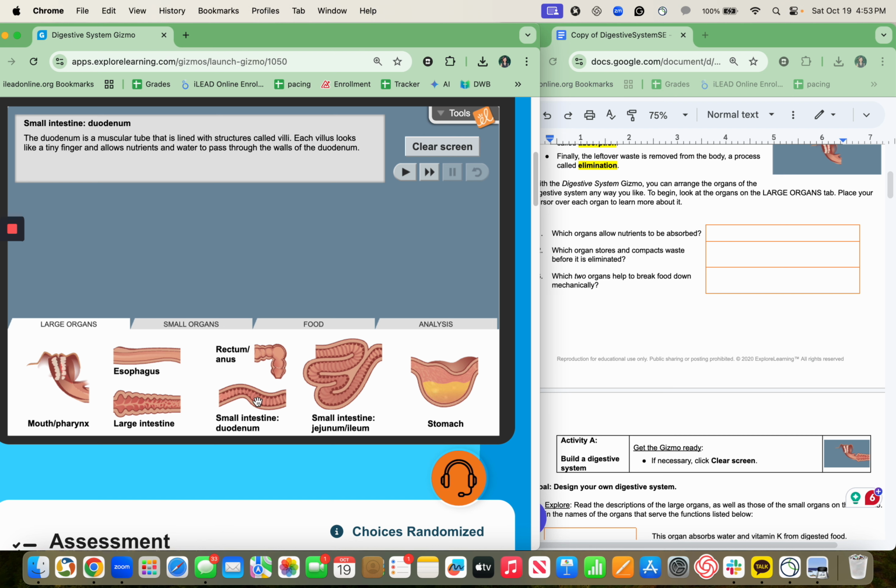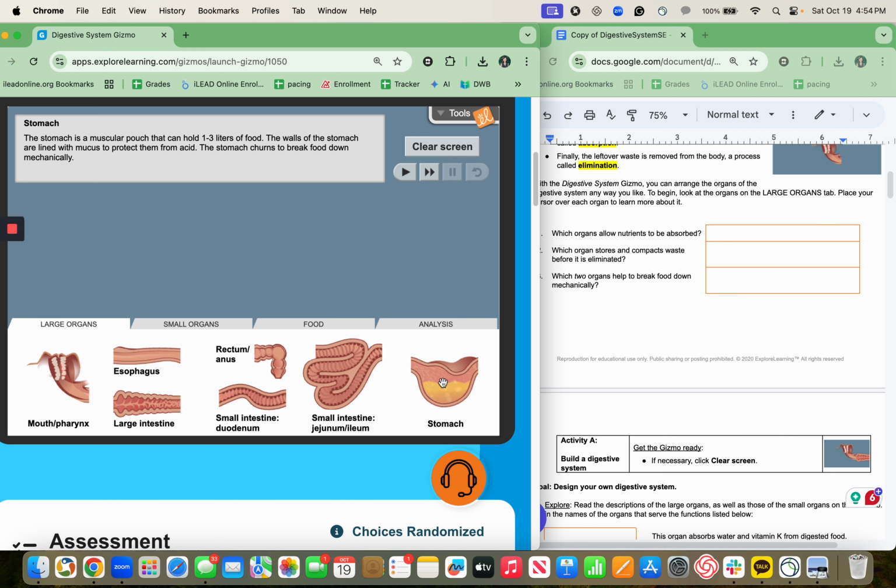Okay. That sounds like absorbing nutrients. Small intestine, the jejunum and ileum make up most of the small intestine. It is also 6 meters, and the villi allow it to absorb nutrients and water. So that's our ding, ding, ding, absorb words.